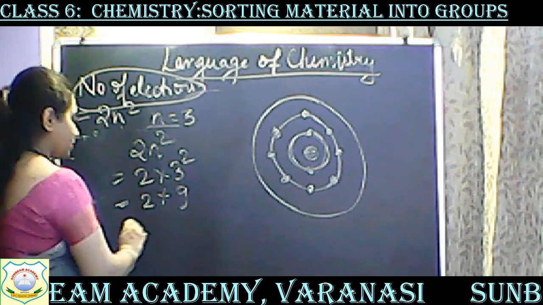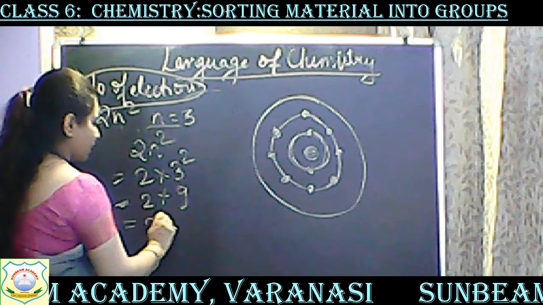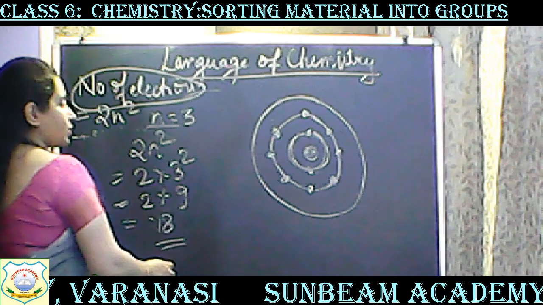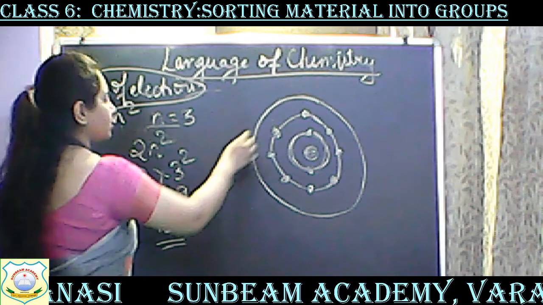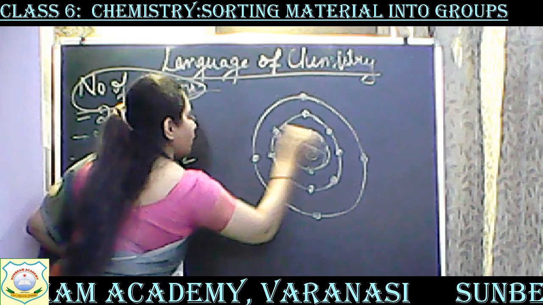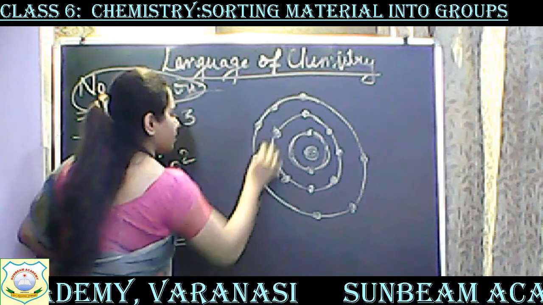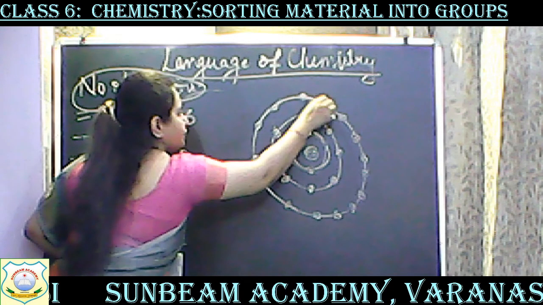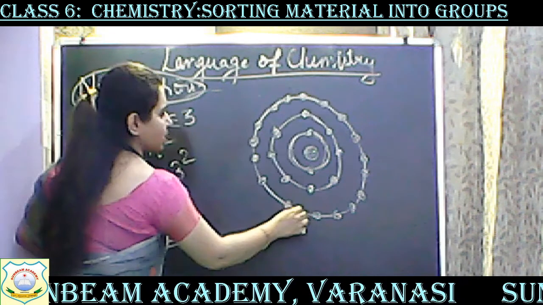Clear? 2 into 9 is equal to 18. Got it? So in the third shell, the maximum number of electrons will be 18. Clear? 1, 2, 3, 4, 5, 6, 7, 8, 9, 10, 11, 12, 13, 14, 15, 16, 17 and 18.